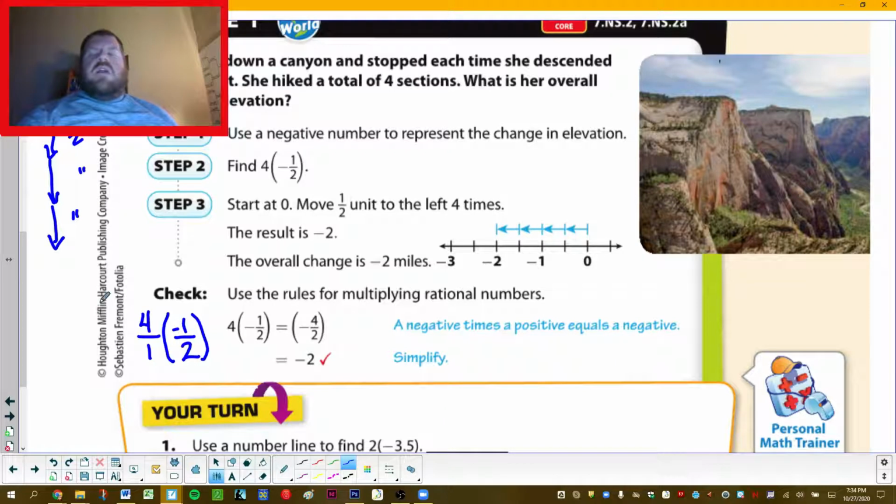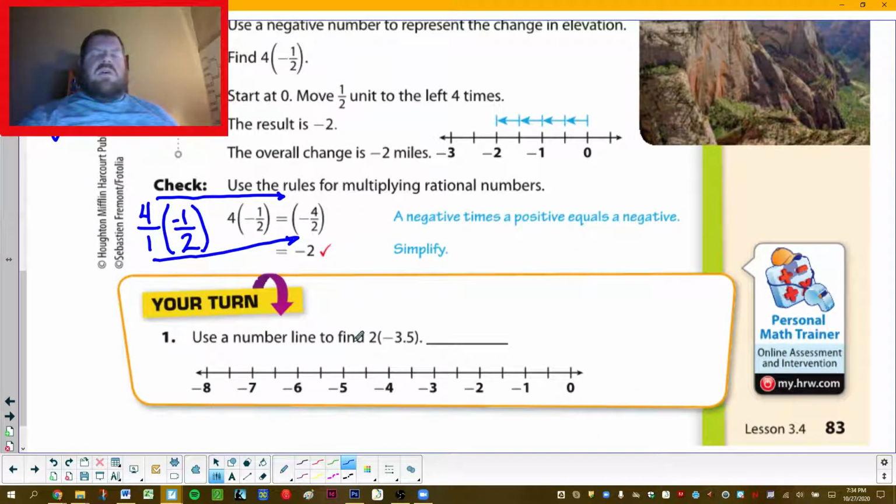And then the trick to multiplying fractions is you multiply straight across. So 4 times negative 1 is negative 4, and 1 times 2 is 2, and then you can simplify that.